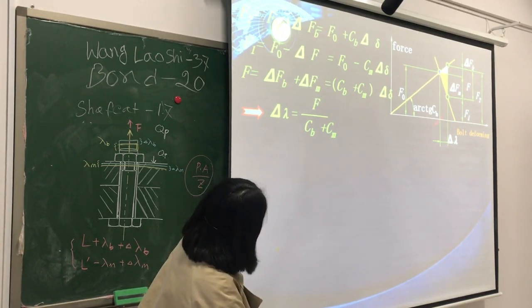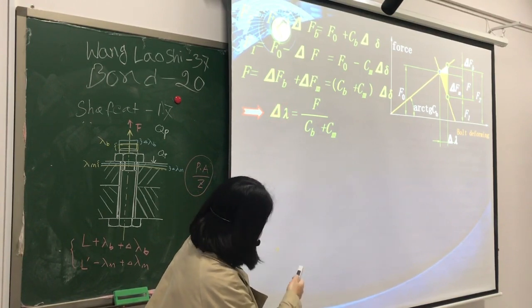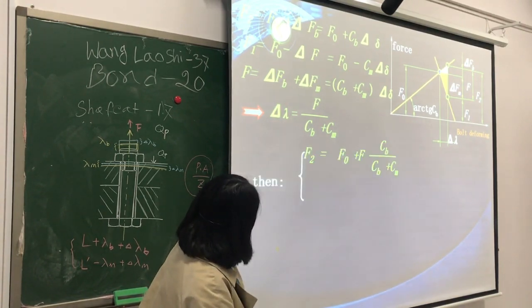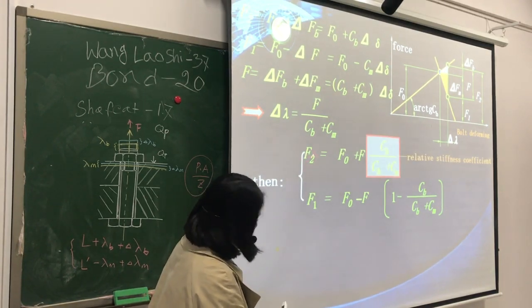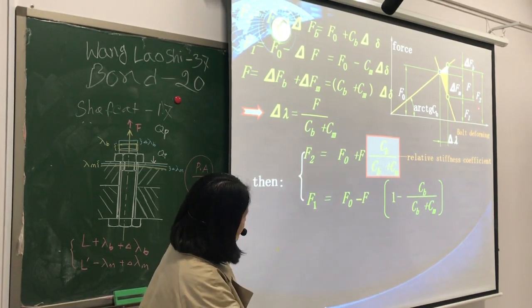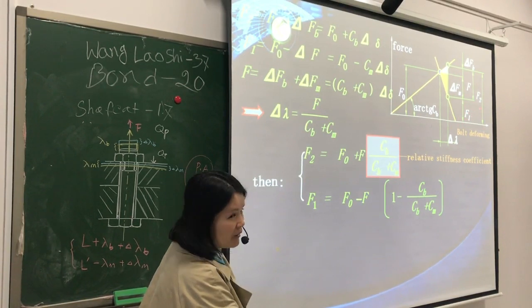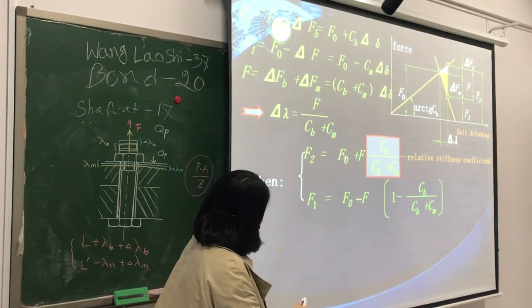We can calculate the value of delta lambda, and then we can calculate the resultant force F2 and the remnant preload F1.